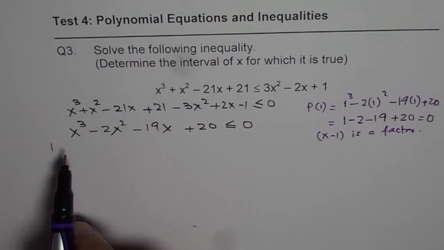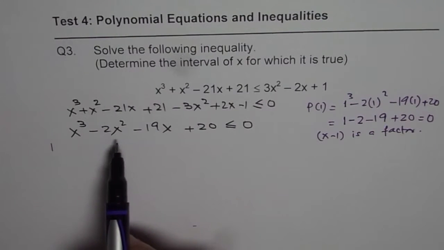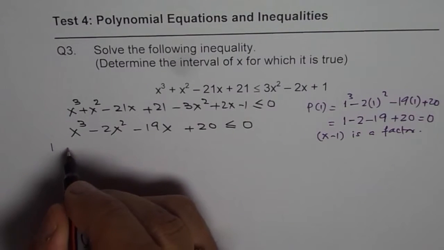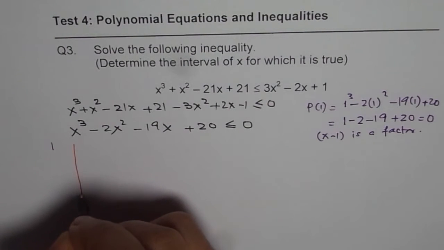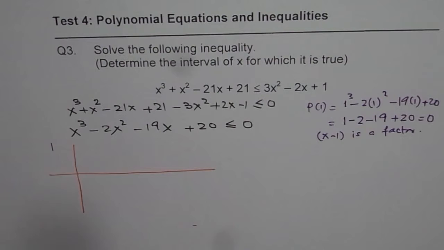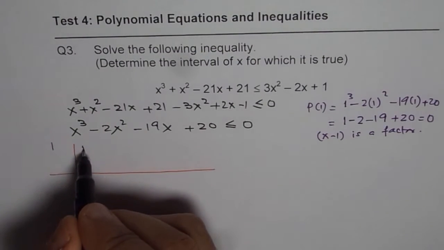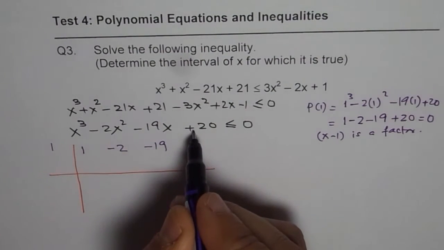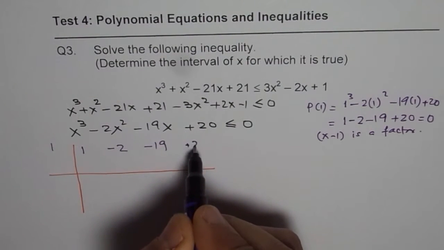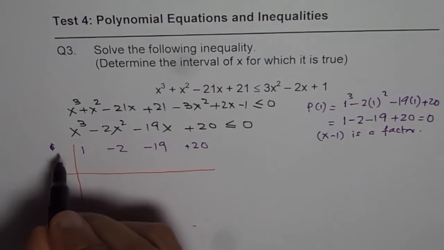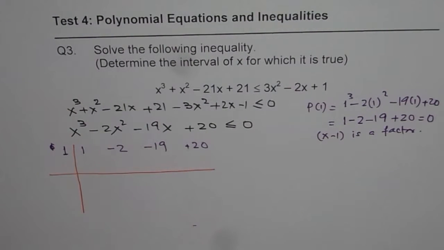We can do long division to find the other factor, or we can do synthetic division. I prefer synthetic division here. So we write down the coefficients: 1, minus 2, minus 19, plus 20. X minus 1 is the factor, so we are dividing by 1.